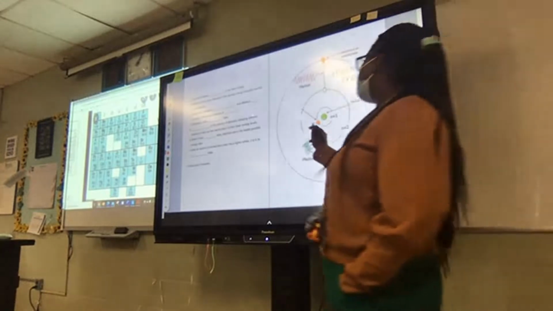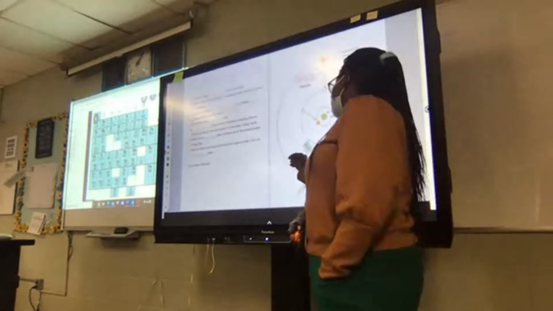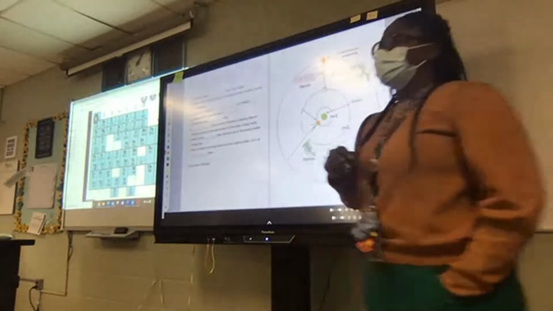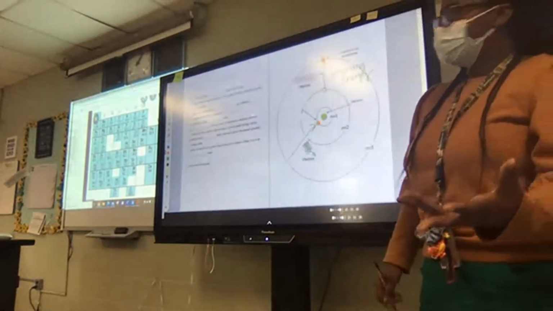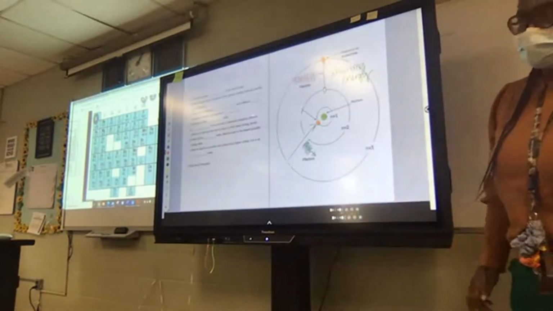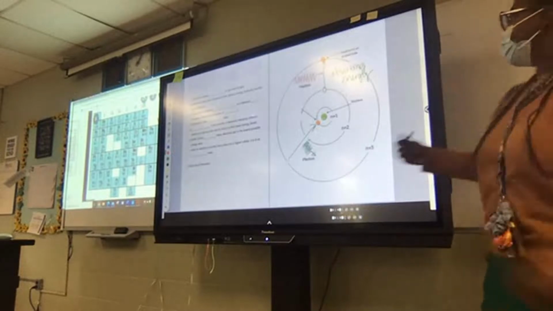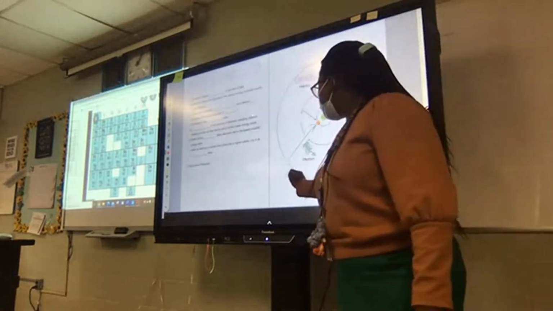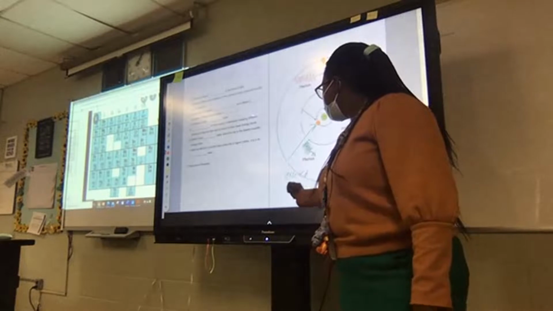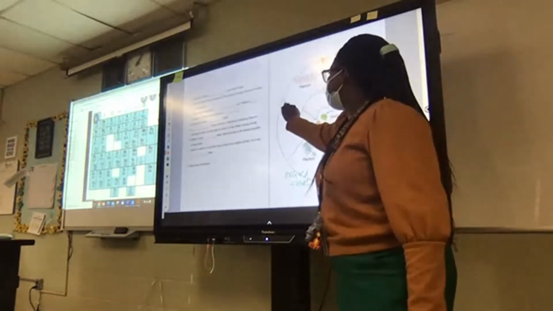So our arrow for this electron should be going which way? Inwards. If an electron is releasing energy, it is falling from its excited state, which is right here, back to its ground state.